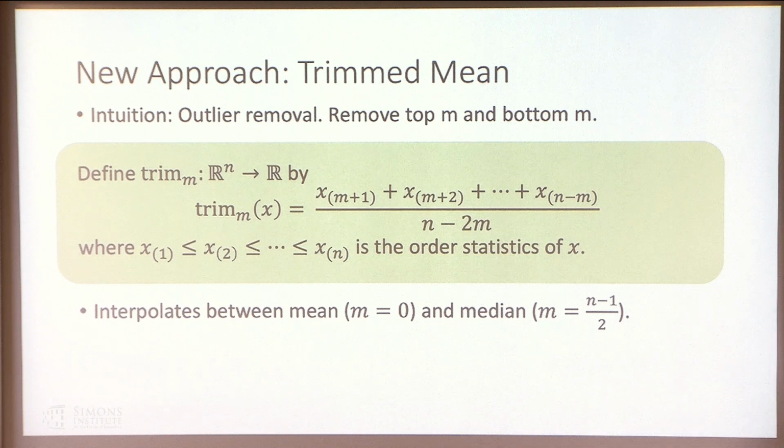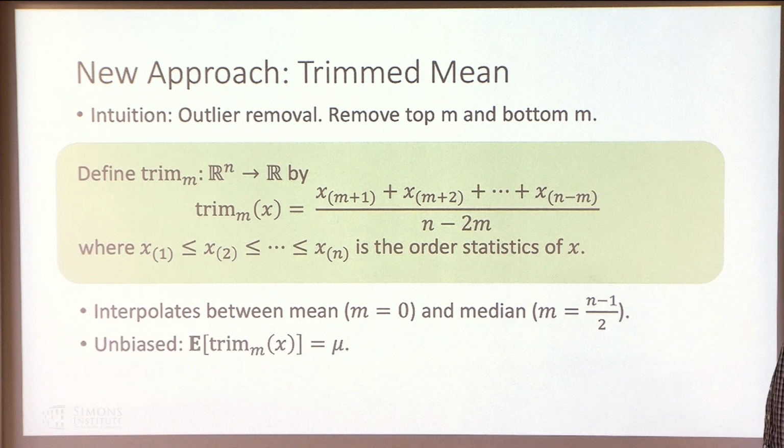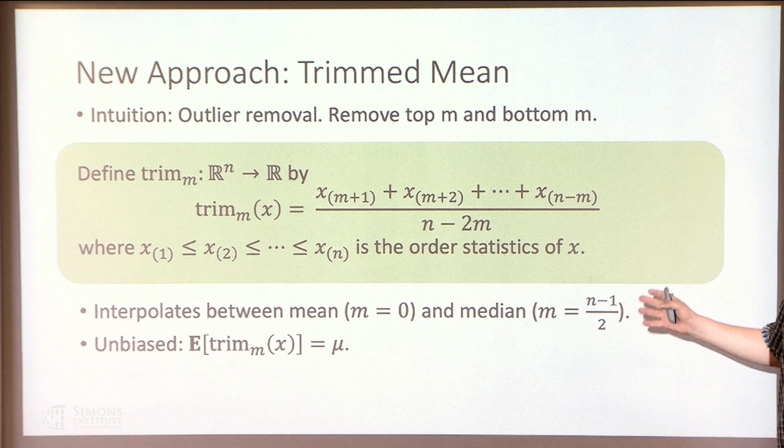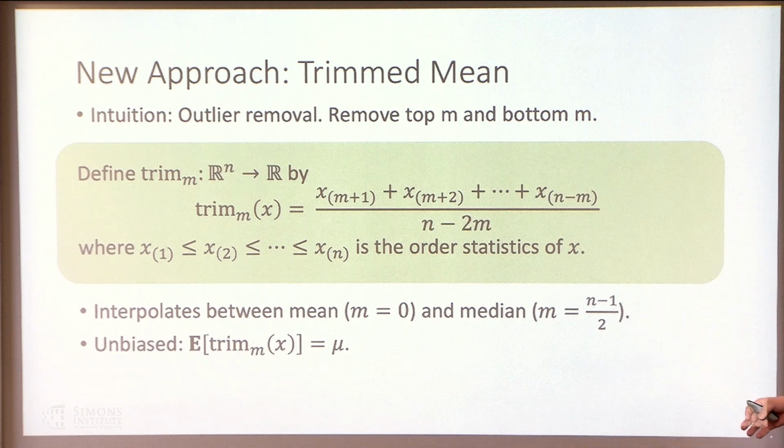My intuition is that this interpolates between the mean, which corresponds to setting m equals 0, and the median, which corresponds to setting m to be as large as possible without making this denominator 0 or negative. And this is unbiased, which is nice. If we have a symmetric distribution, you throw off something from the top, you throw off something on the bottom.